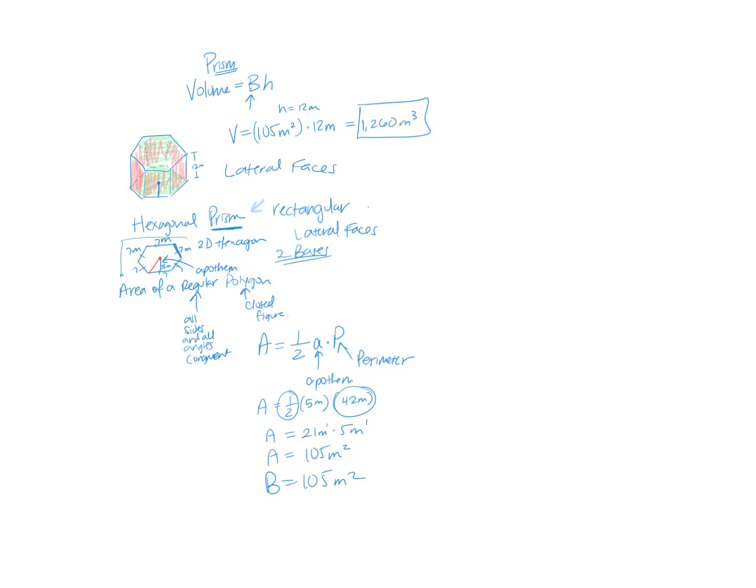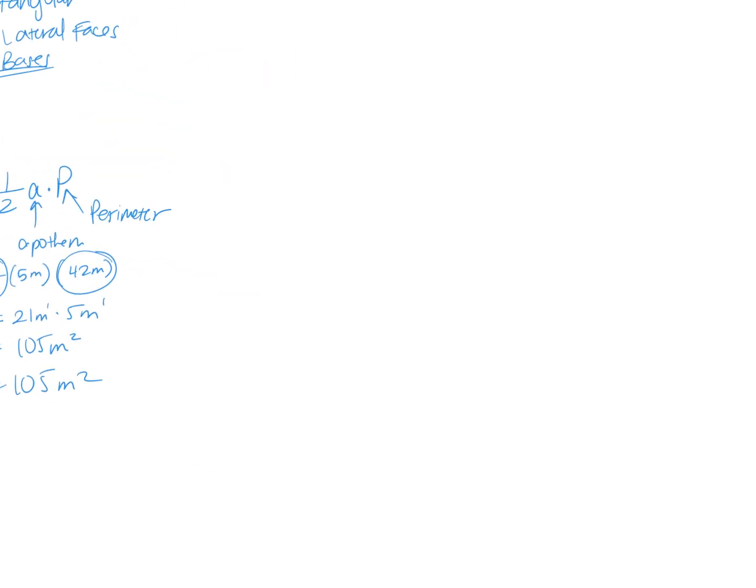So finding the area of this hexagonal base, because we had the apothem, all we had to do is use the formula. However, sometimes they don't give you the apothem. So here's where it's going to be a little more complicated. Let's go back up to that hexagon. In the geometry test, especially if you want to get a level 4 or 5, you have to be prepared to apply multiple concepts to the same question.